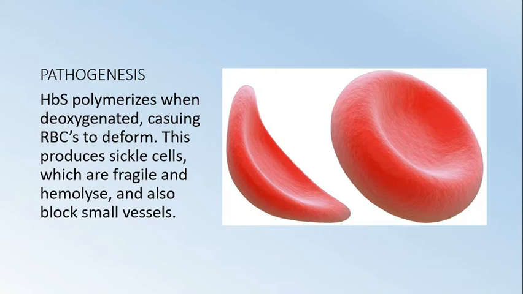So it's rather unfortunate. It's fragile, hemolyzes very quickly, and also causes more problems. It blocks the small vessels, so there's not enough blood going through some places, and this causes a lot of trouble. As we know, blood is very essential to all parts of the body, no matter how small. So that's briefly what happens.